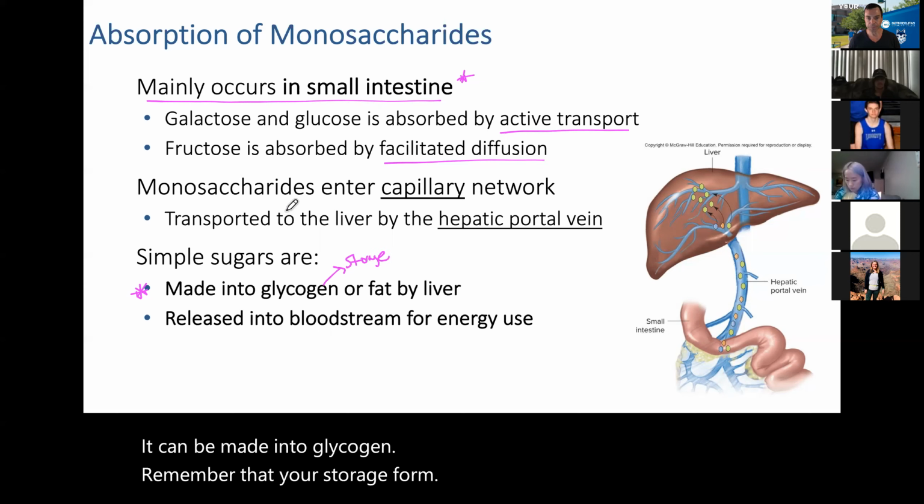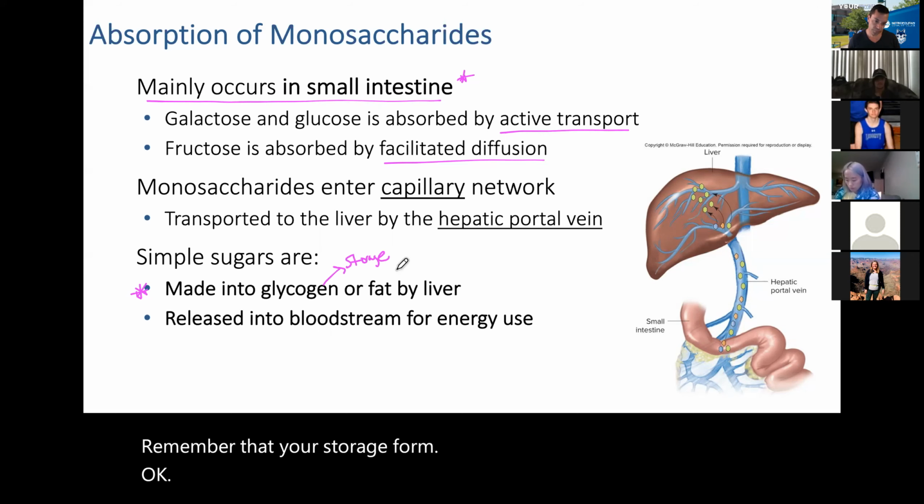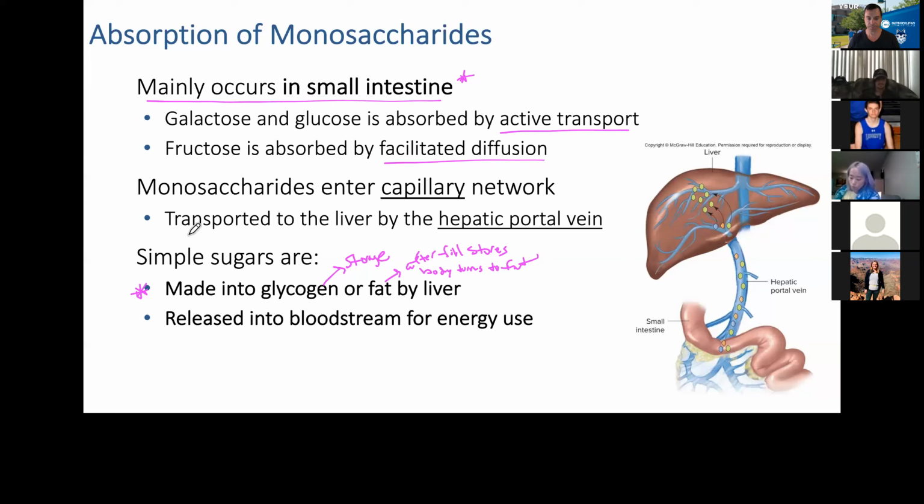Once we fill up our stores, we turn it into fat. Okay.